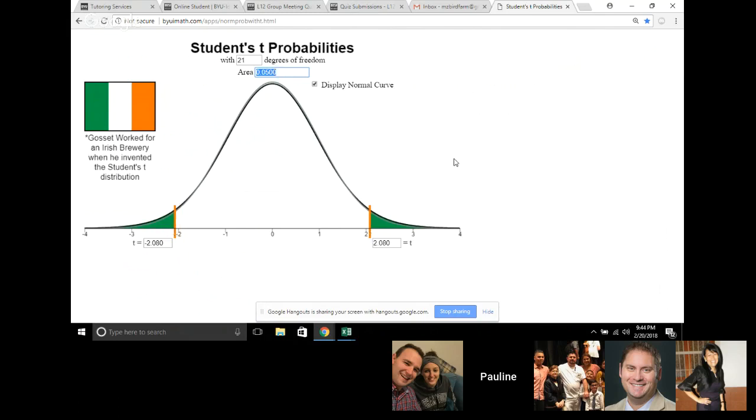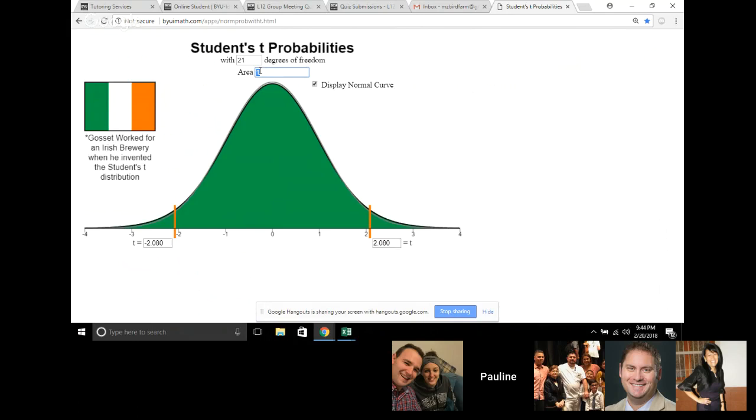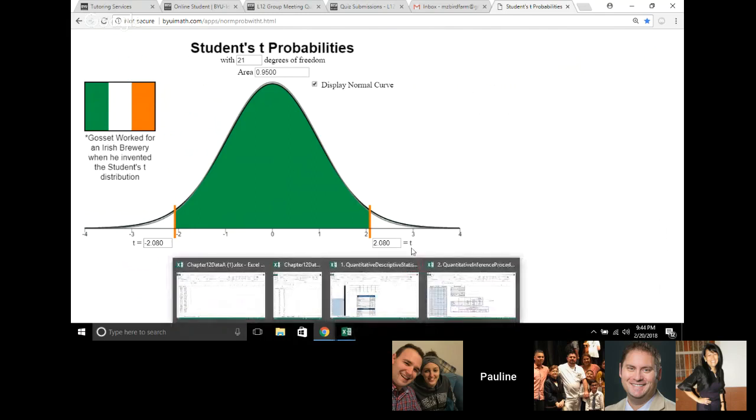If you shade the inside, then you do 0.95 in the middle. But either way, it doesn't matter. You come out with that 2.080. That's the T. They don't call this the T-score. He said they just call it the T.